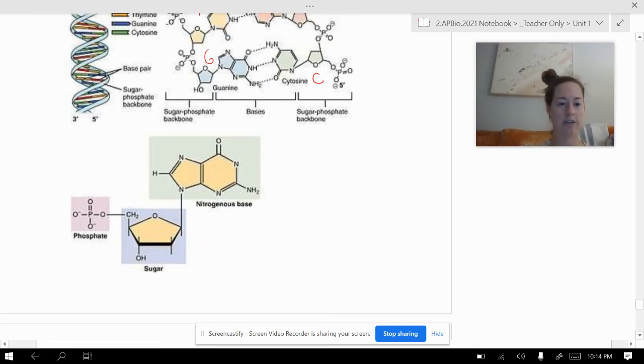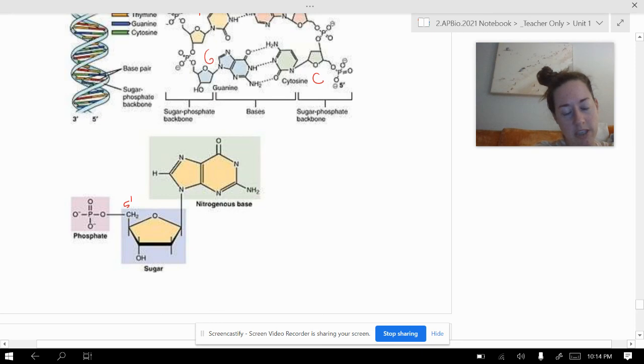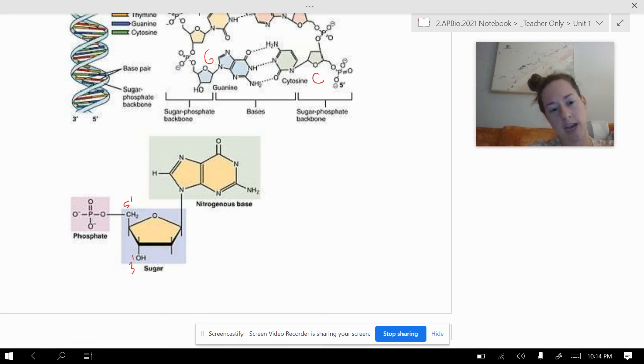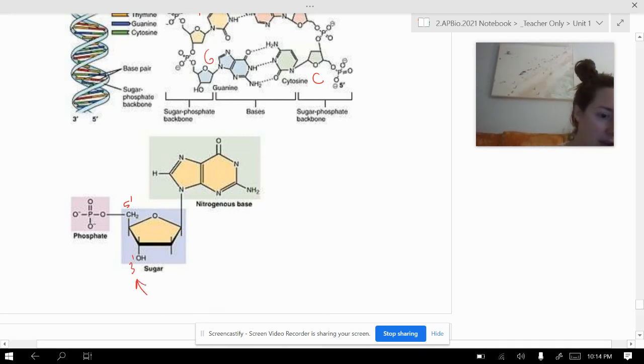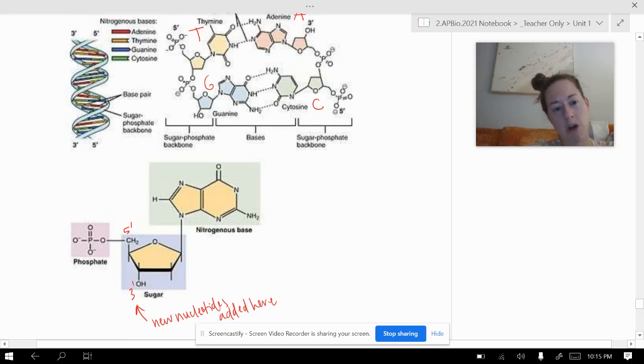So down here, this is our 5' because it's attached to the phosphate. This is our 3'. So that means that new nucleotides would be added on to the 3' end, here. And the 5' will always be the one that's attached to the phosphate.